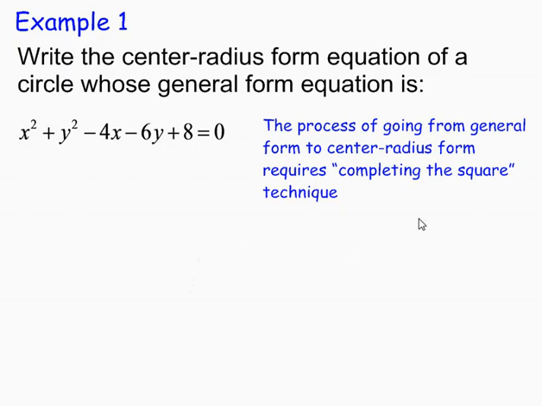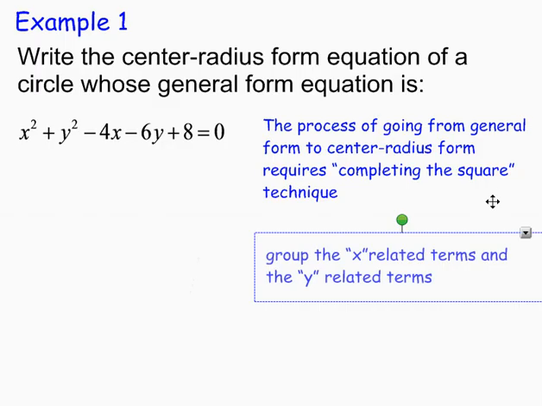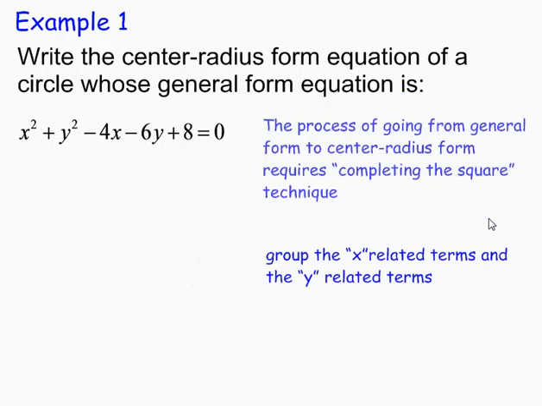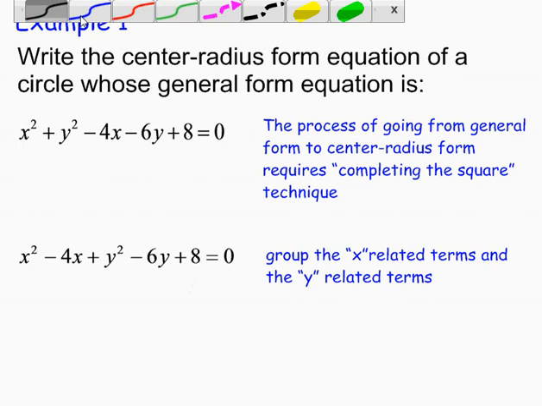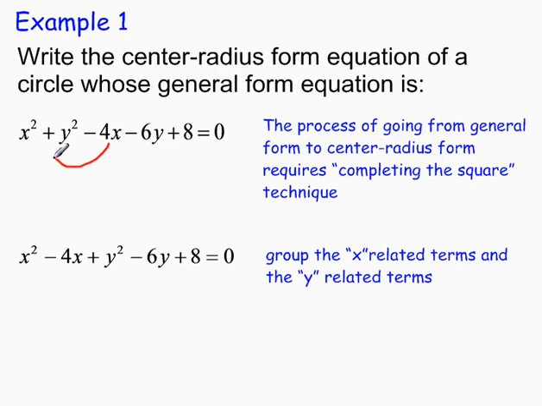So let's begin. We're going to group the x-related terms and the y-related terms. So that means I want my x squared group with that minus 4x, and the y squared group with that minus 6y. So I get this. Basically, all I did was take this minus 4x and place it there.